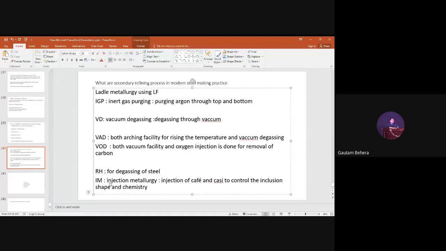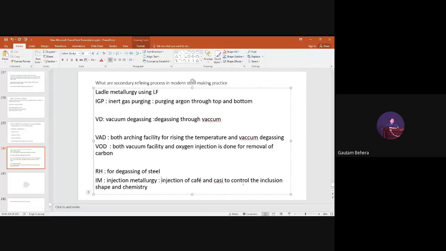So if you have heard about calcium injection, calcium wire injection, right? We are injecting calcium wires into the molten steel so that it can modify the inclusions. That is Ca-Fe and Ca-Si. Ca-Fe means calcium and iron injection, and Ca-Si is calcium silicide.